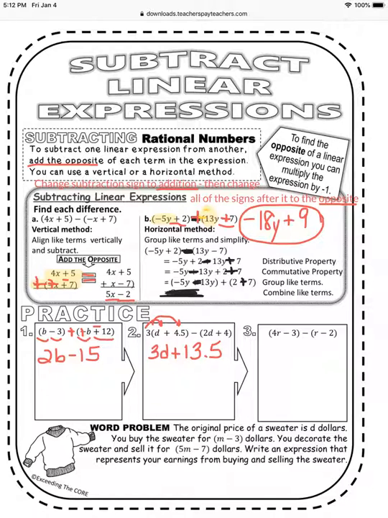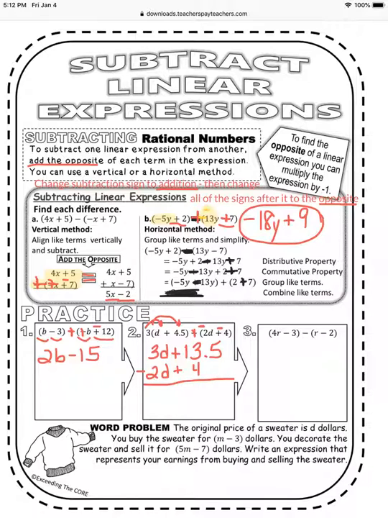Then we're going to subtract. But when we subtract, we really add the opposites. So I'm going to turn this into a plus sign. The 2D would become negative, and the 4 would also become negative. So underneath the 3D, I'm going to write minus 2D, and underneath the plus 13.5, I'm going to put plus 4. Notice where I put my 4.